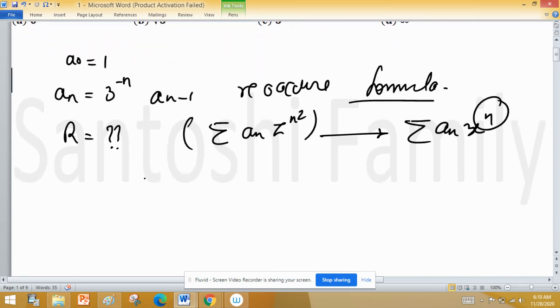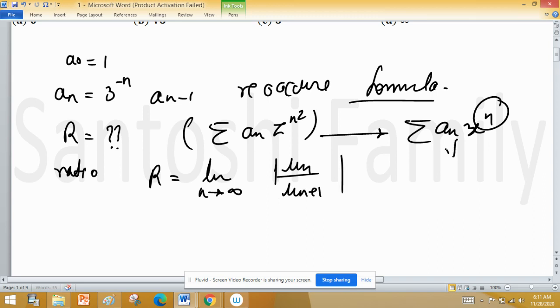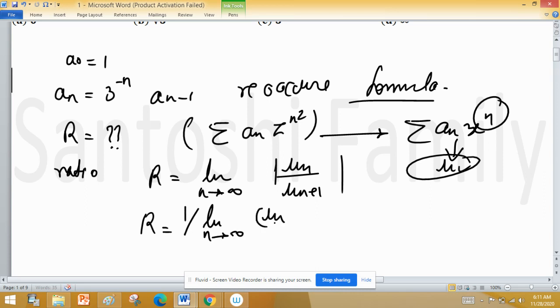We normally or frequently use two types of formulas, or you can say tests. The ratio test: R equals the limit as n tends to infinity of u_n over u_(n+1). And the other is 1 upon the limit as n tends to infinity of u_n raised to the power 1/n, which is known as the root test.